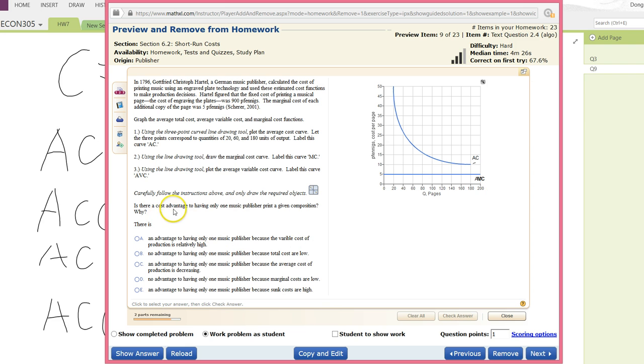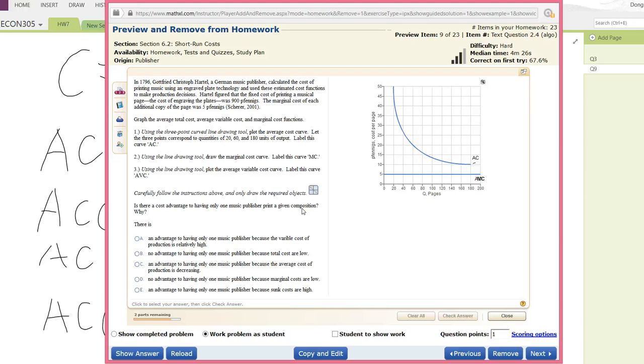Is there a cost advantage to having only one music publisher print a given composition? Actually, whether there is a cost advantage to having only one publisher depends on the total cost function. If the average cost is a decreasing function of the quantity, then there is a cost advantage. Because if we have 2 or more publishers, each of the publishers shares some quantities.